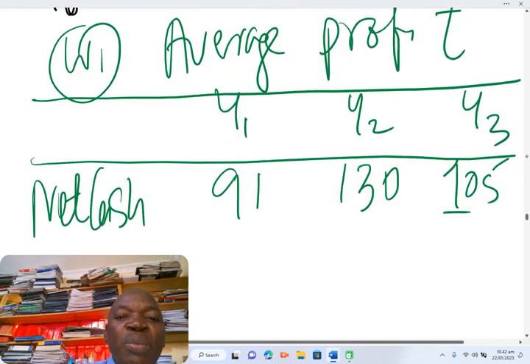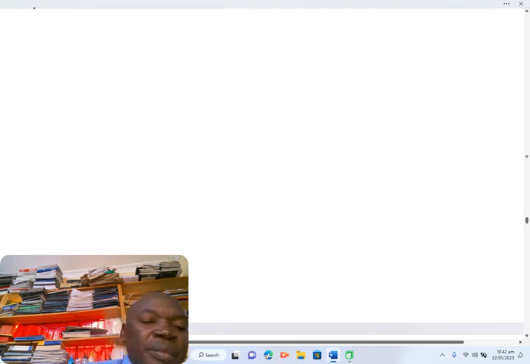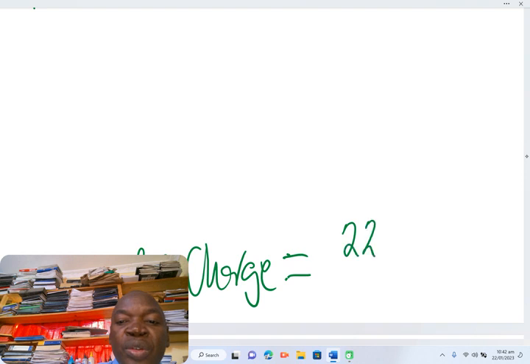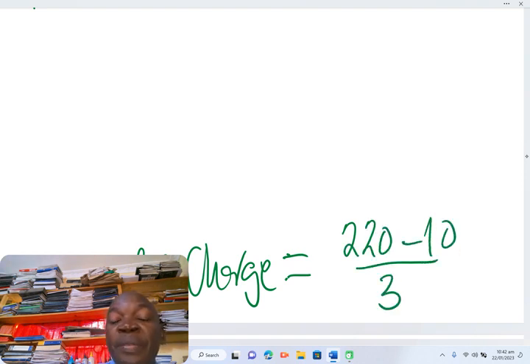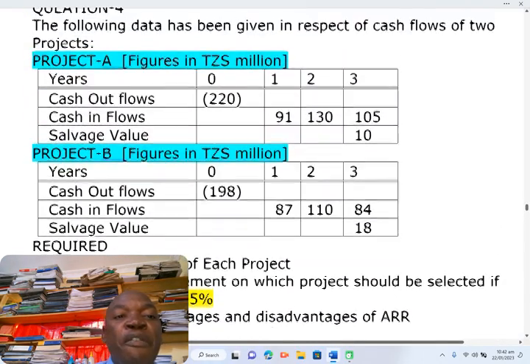So first we need to compute the depreciation charge on this project. Depreciation charge is equal to 220 minus 10 over 3, because the project has a life of 3 years.